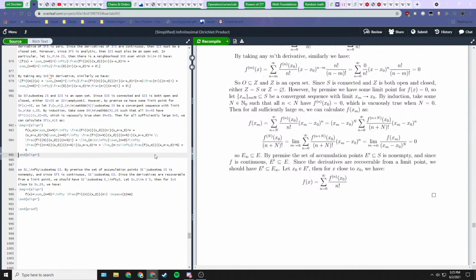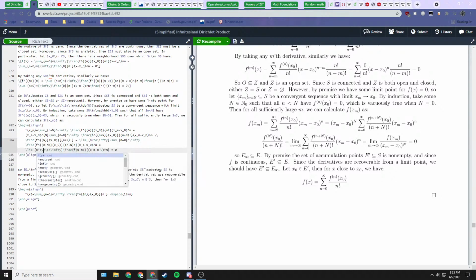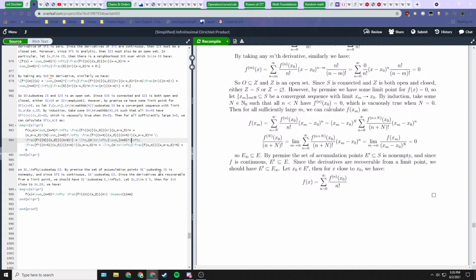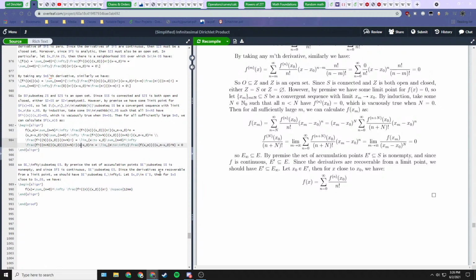Actually, we can also say the limit as x goes to x0. Okay, and that's it.